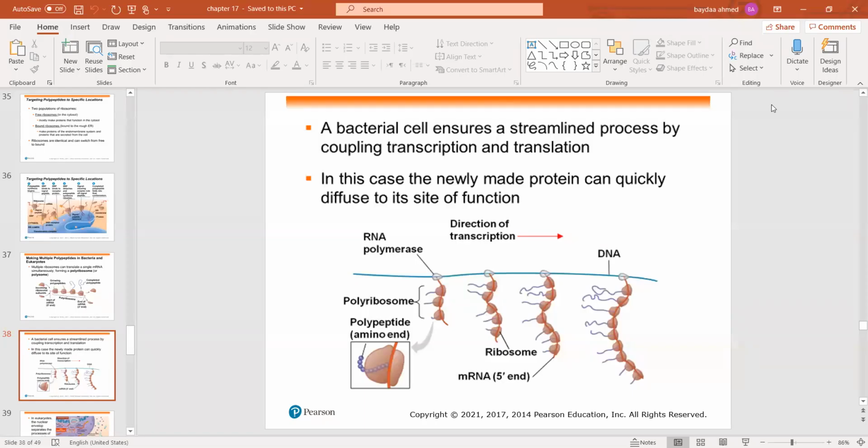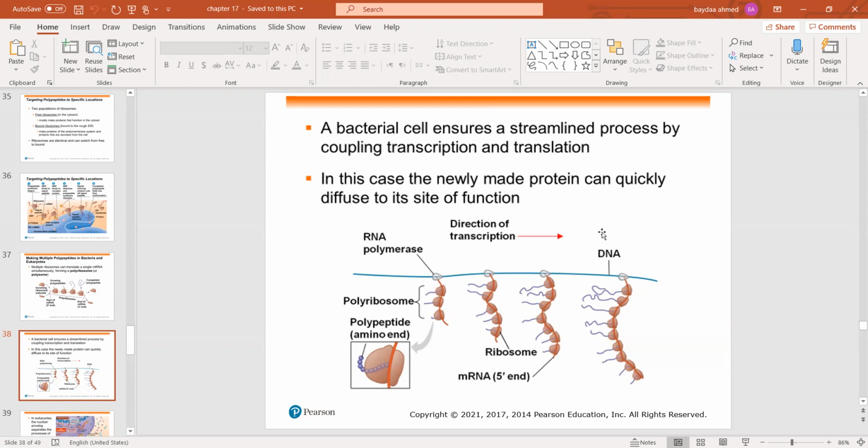A bacterial cell ensures a streamlined operation by coupling the two processes, with no nuclear envelope. It can simultaneously transcribe and translate the same gene, and the newly made protein can quickly diffuse to its site of function.